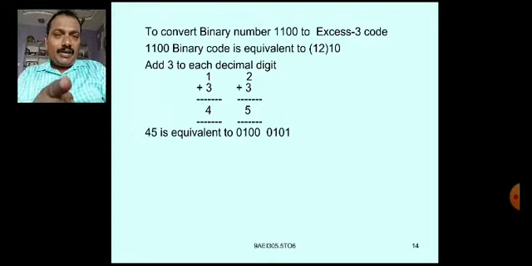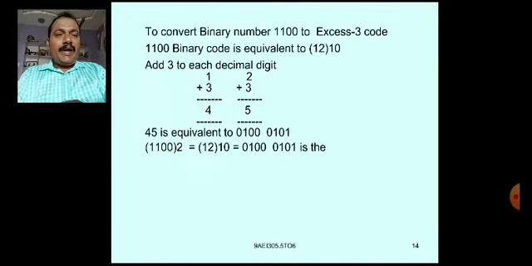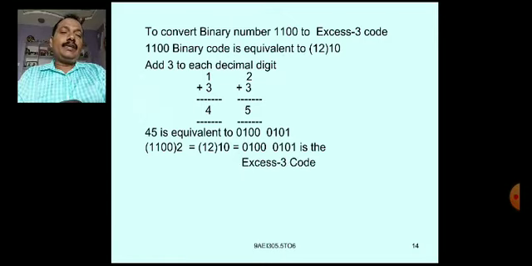For the 5 it is 0101. So you can easily write. That means the binary number 1100 is equivalent to the decimal number 12, which is equivalent to 01000101, the BCD excess by 3 code.